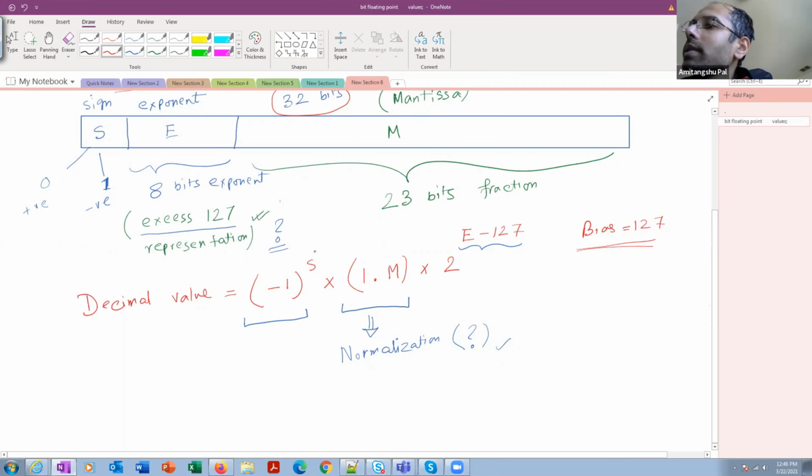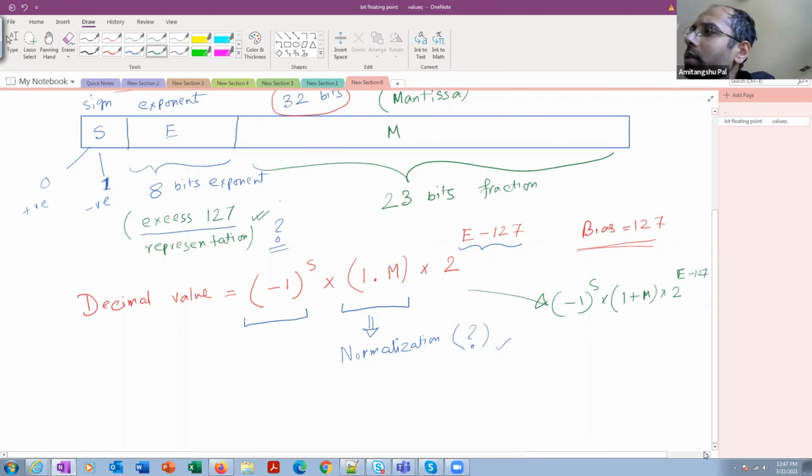So -1 to the power sign, 1 point mantissa, into 2 to the power exponent minus bias. In different books, you will see 1.m, or in some places it is also written as 1 plus m. Both are the same. This is also written as -1 to the power s into 1 plus m into 2 to the power e minus 127. Both are the same. Clear?